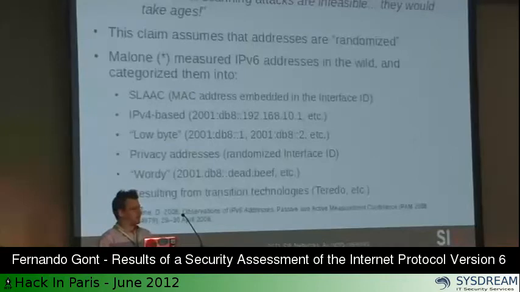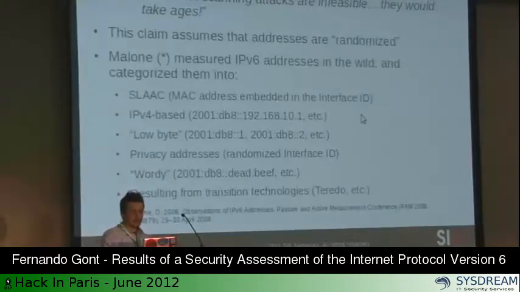So this guy came up with these categories for the addresses. The first one is SLAAC, or addresses that embed the MAC address of the network interface card. Then there's another category that is IPv4-based addresses. If you look, for example, at the RFC, you'll see that the IPv6 address syntax allows you to include an IPv4 address as part of the IPv6 address.